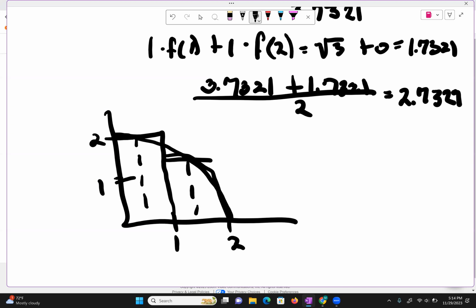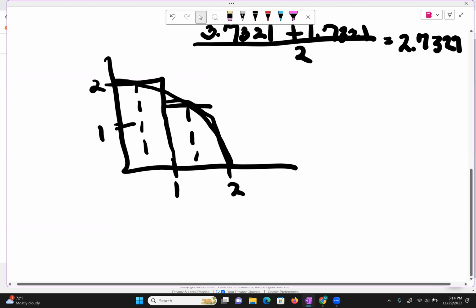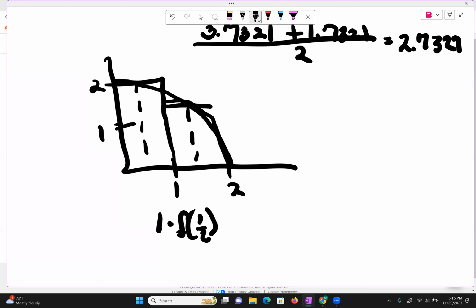And so this becomes 1 times the f of 1/2 plus 1 times the f of 3/2.